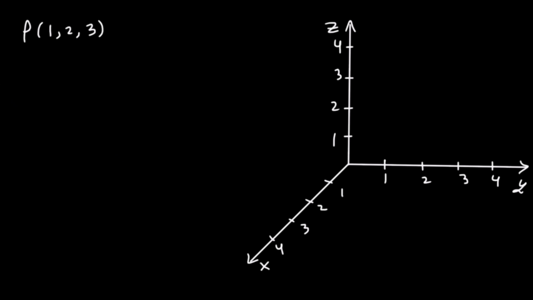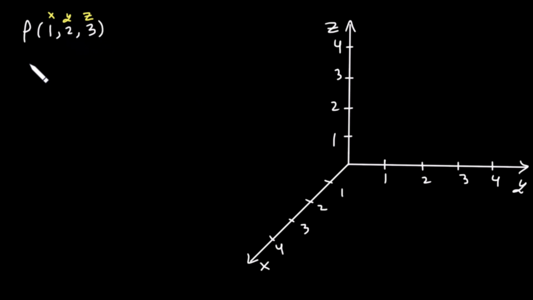Let's change the color. Now let's focus on plotting this point, P(1, 2, 3). Here, this represents x in the x direction, here the y direction, here the z direction. Now, to plot this point (1, 2, 3), it's better to plot the point (1, 0, 0), and plot (0, 2, 0). Then we plot (0, 0, 3).